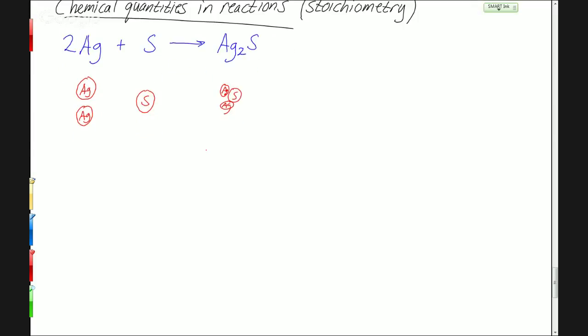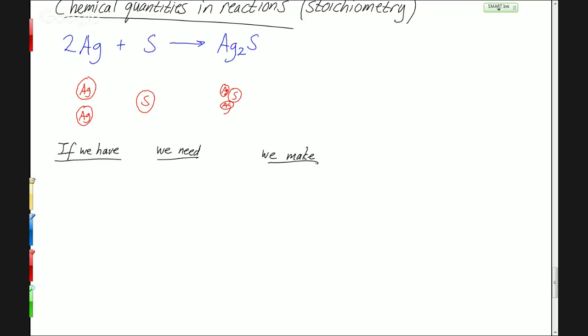We're going to make a little table. If we have a certain amount of silver, we need a certain amount of sulfur, and then we make a certain amount of silver sulfide.